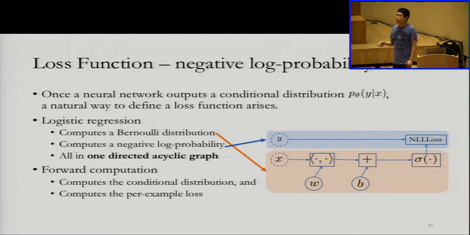This block is going to take as input what has been predicted and what the correct answer is. And then it is going to give you the negative log probability of the correct answer given this neural net. And then you can use that to change this part to maximize the probability of the correct answer.